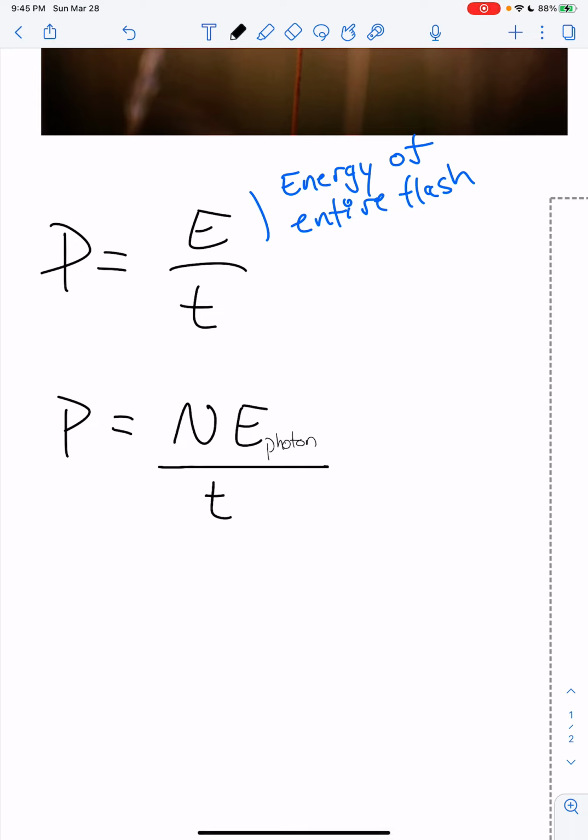Now let's figure out how much energy is in each individual photon, and then we will be well on our way to having ourselves the energy and thus the number.